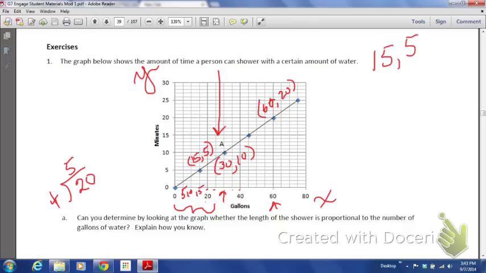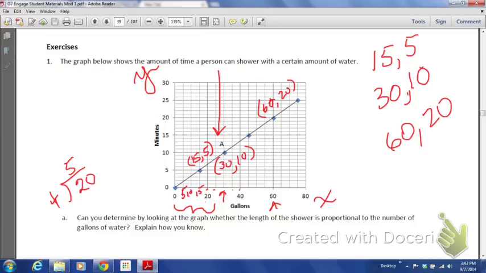We have 30, 10. We have 60, 20. These are the ones we've actually located ourselves. And you might be able to see the relationship here of gallons to minutes.